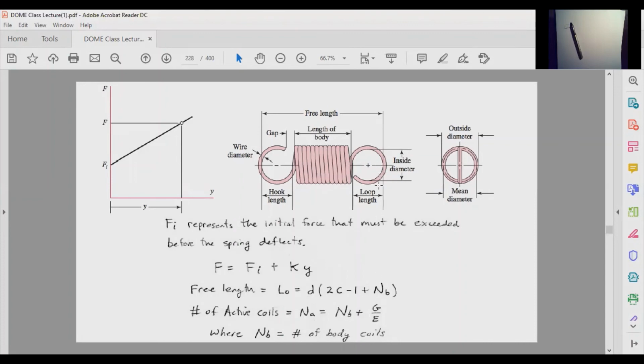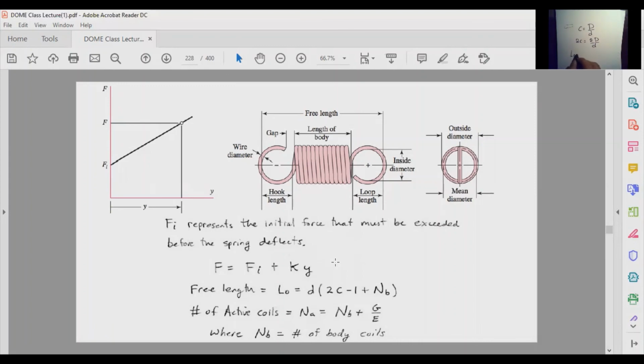Plus, you actually have the hooks, and 2C, where C is the spring index. We remember that C was equal to large D over small d, so 2C is going to be equal to 2D divided by d.